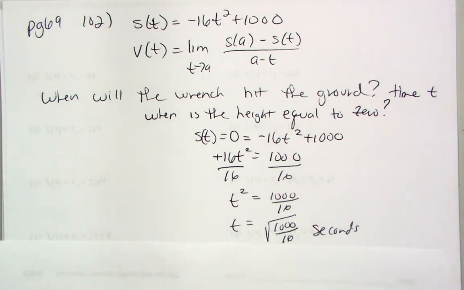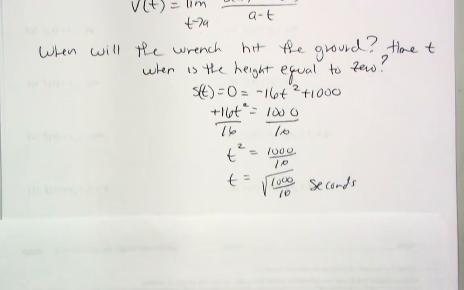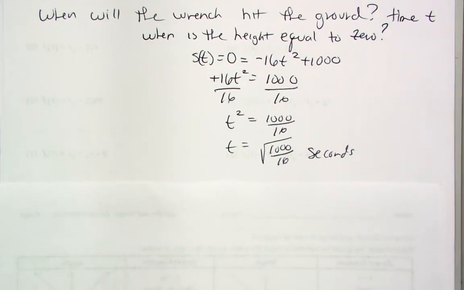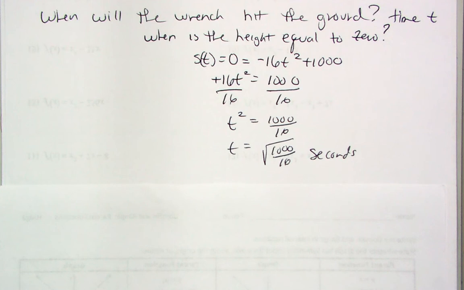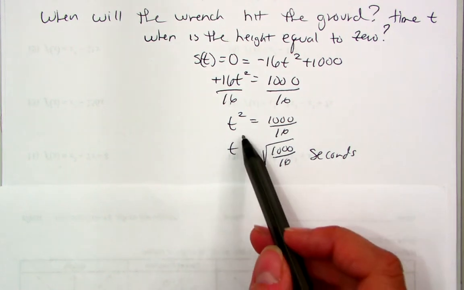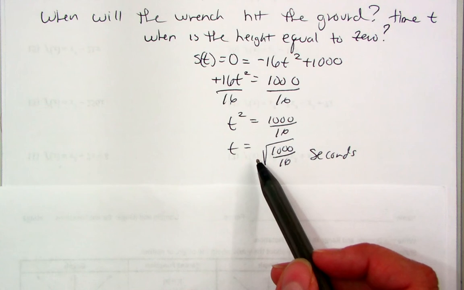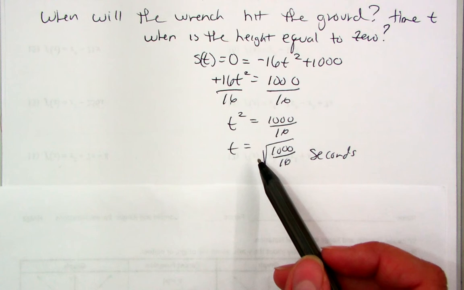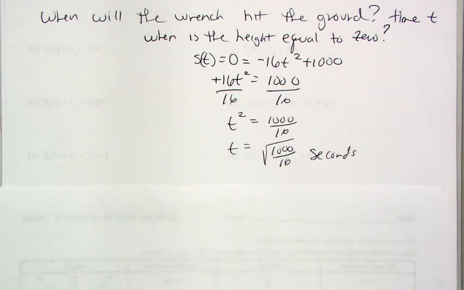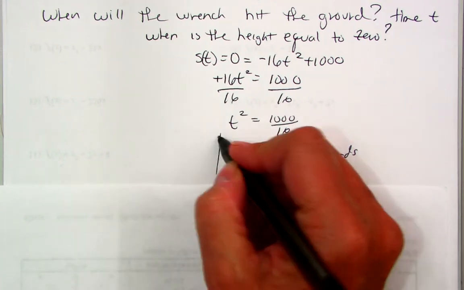We're just going to leave it like this. You're allowed to leave some answers like that in calculus on the AP test. Now you know when you take the square root of both sides, this would be the plus or the minus. But because it's a real life situation, we're talking about time, I only want the positive one. I don't want negative time. That doesn't make any sense in the real world. So I've answered that question.